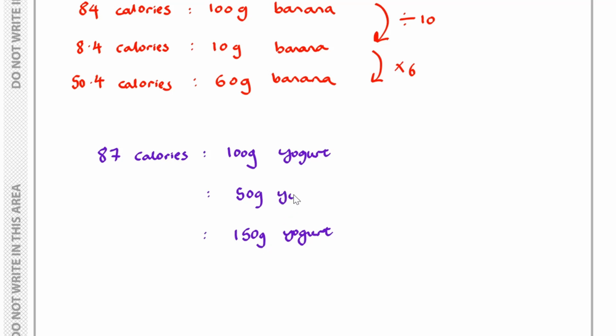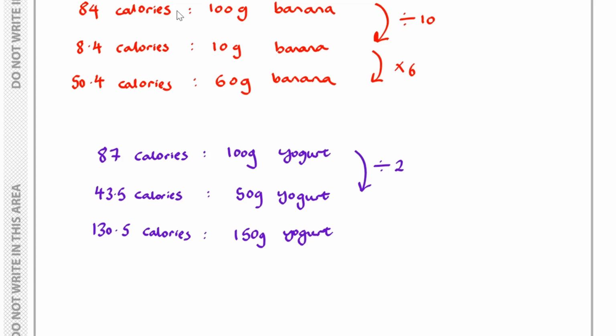So first we can find out the amount in 50 grams, and we can do this by dividing by 2. So I get 43.5 calories in 50 grams of yogurt. Therefore, adding these together, 100 grams plus 50 grams gives the 150 grams, 87 plus 43.5 gives 130.5 calories.